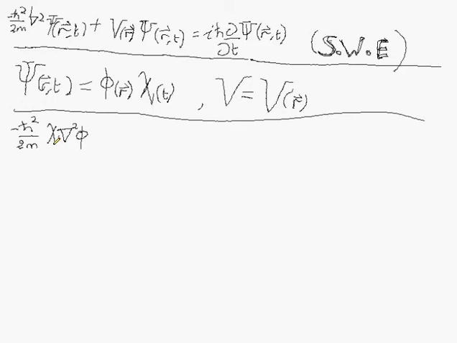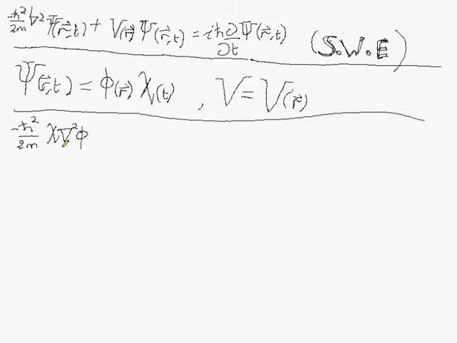Now, the reason chi is not affected by the Laplacian is because the Laplacian is the partial derivative of the wave function with respect to each of the dimensions we're using, whatever those may be, x, y, and z, or r, phi, and theta, whatever coordinates in whatever coordinate system we're using.